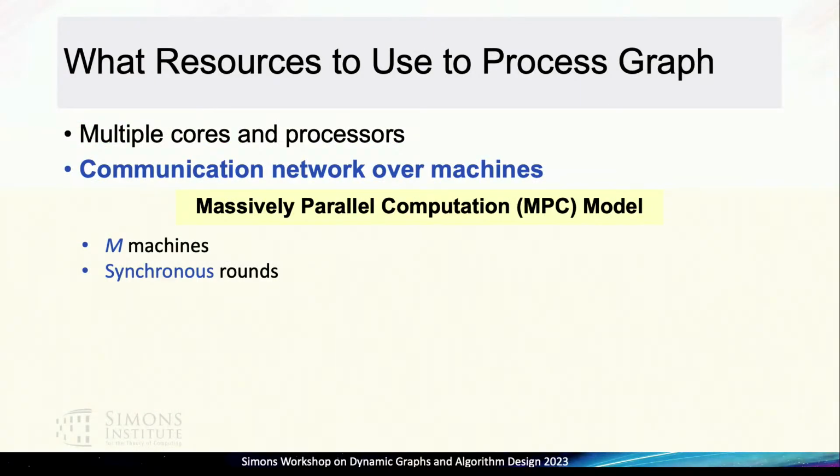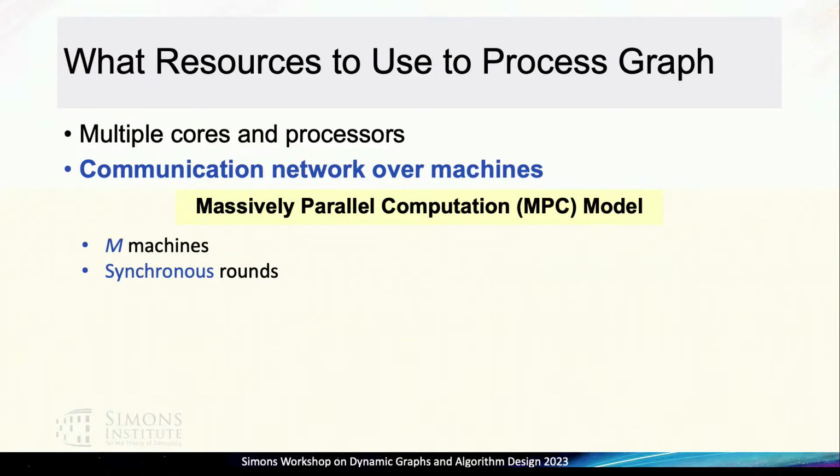Now, if you have more than one machine, you now have a distributed network. One of the models that models the distributed network is the massively parallel computation model, or the MPC model. This model has been supported by large companies who have many machines to process their large data.